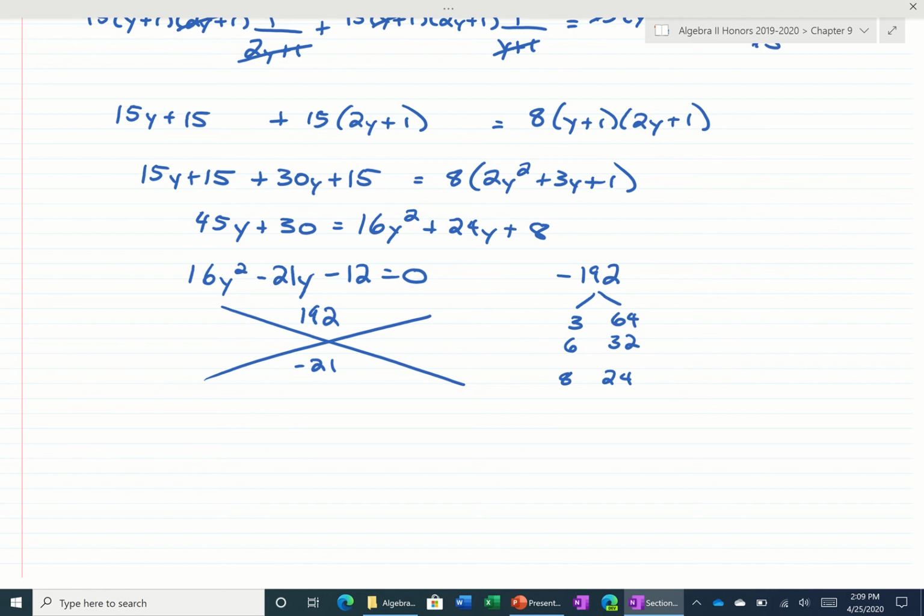So 192 and 9. 9 and 21, no. 10, no, of course that wouldn't work. 11's not going to work. 12 and 16, no. Having a little trouble here coming up with ones that work.